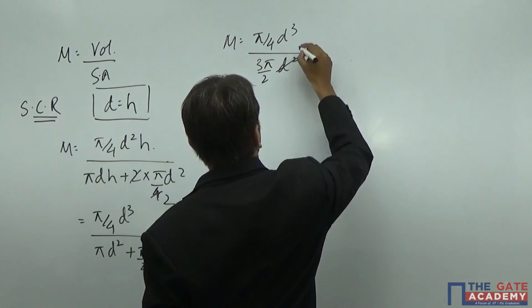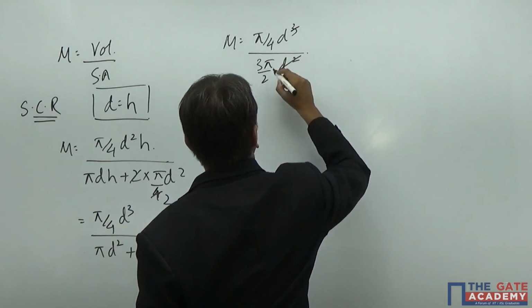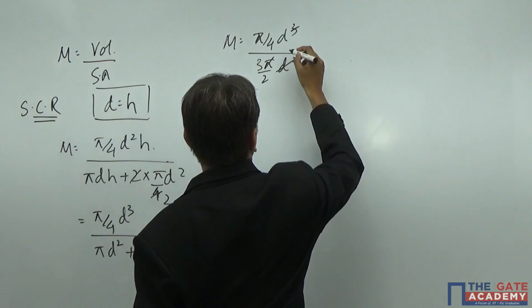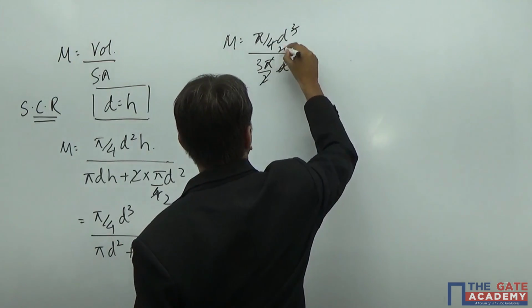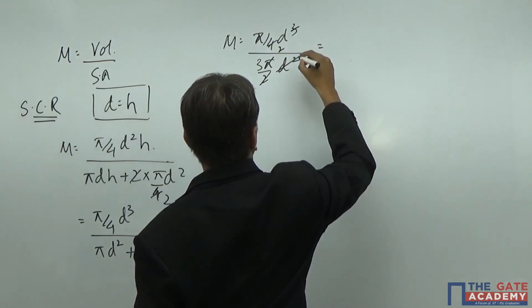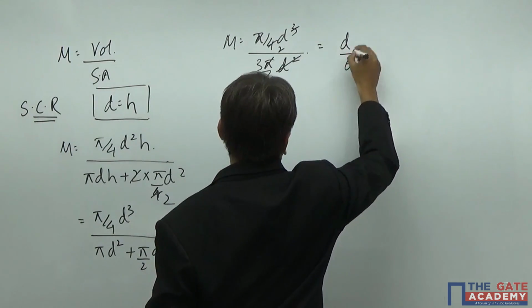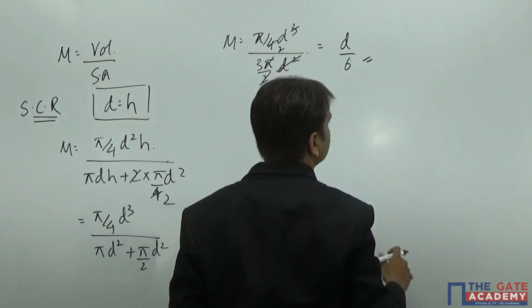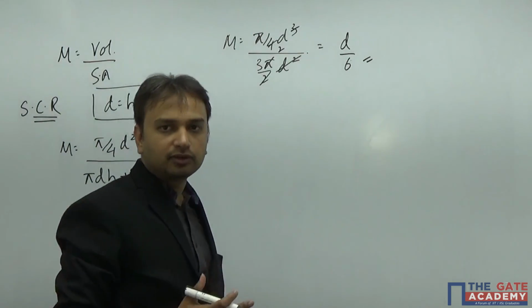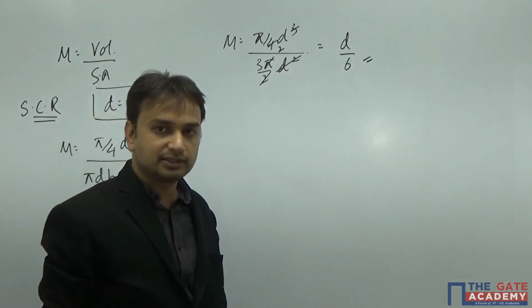So d square gets cancelled with d cube, and pi got cancelled. This and this got cancelled. So what we can get is, it is d by 6 again, right? So that means modulus is equal to d by 6 again for side cylindrical riser, isn't it?